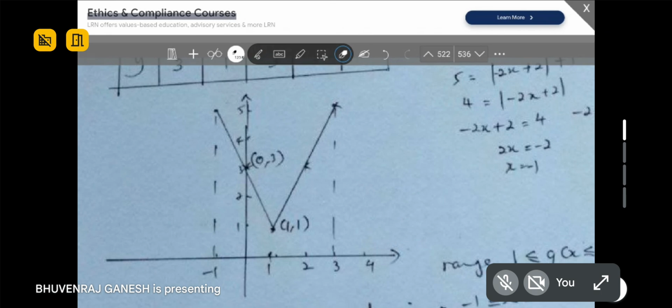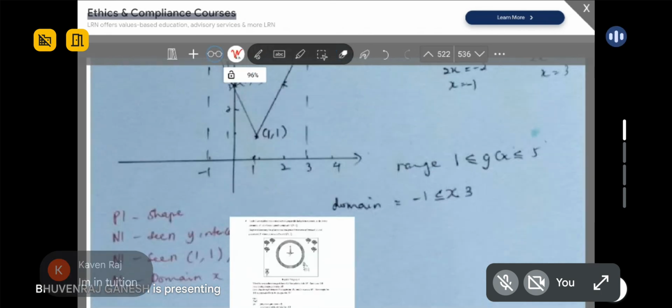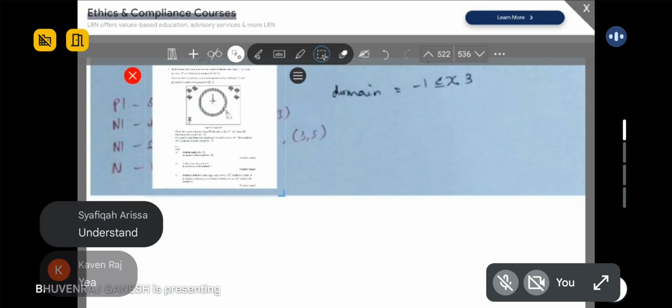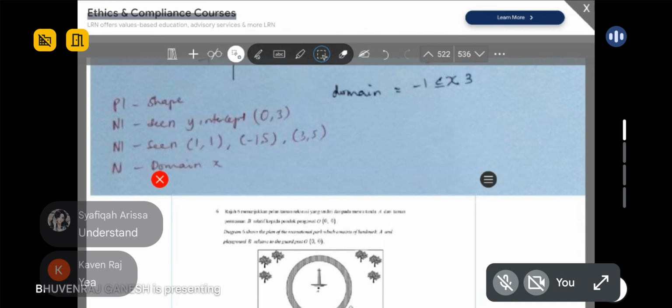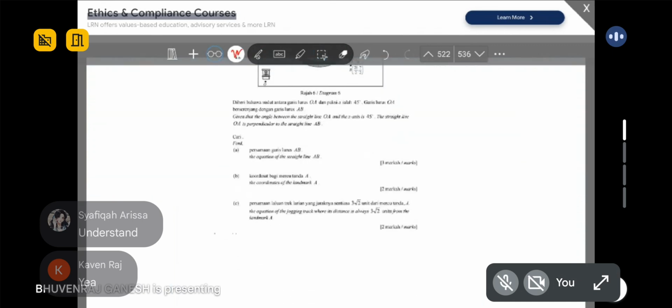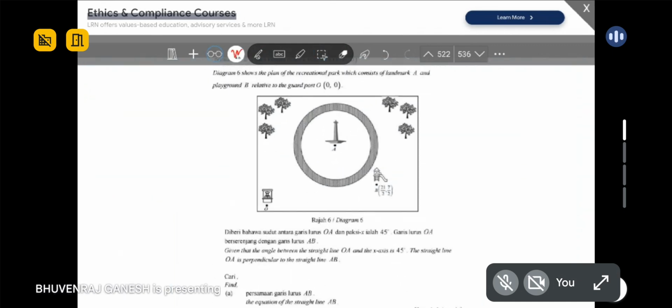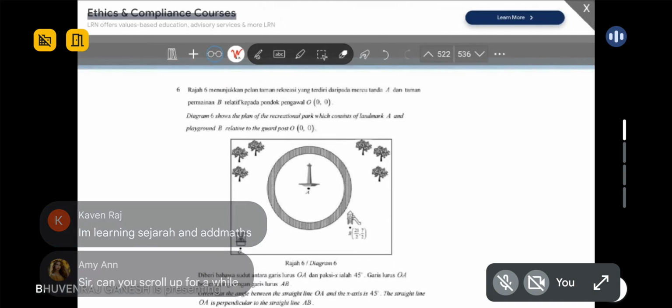Can? Okay, so continue. I'm in tuition. Wow, you multitask. Oh my god. You can multitask some more. You're another Dalman. That Dalman guy, when he always joined my class, he joined another class also. Then I asked him, how are you studying chemistry and admaths in one shot?